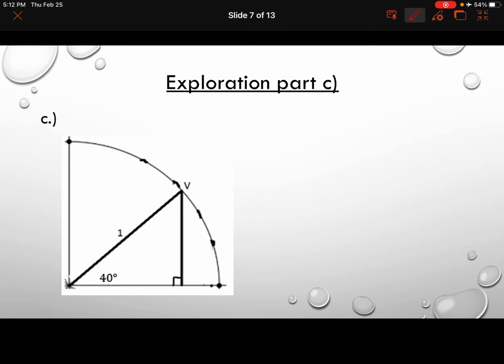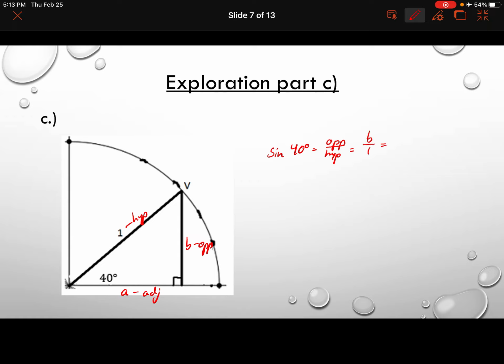Now let's do the third triangle. Once again, I'm just going to be solving for the opposite side. So A and B: that's your hypotenuse, that is your adjacent side, that is your opposite side. So sine of 40 degrees is equal to opposite over hypotenuse, which in this case is B over 1.